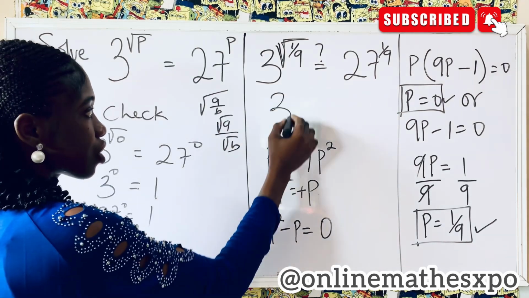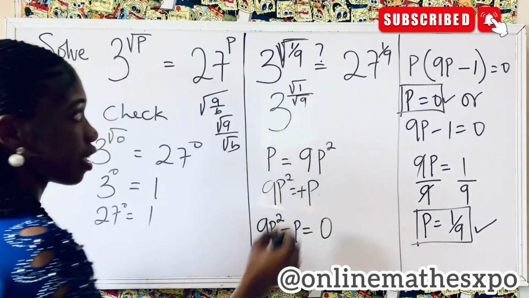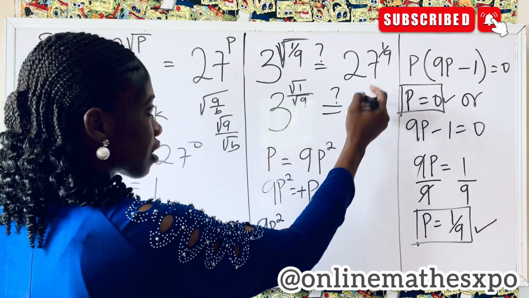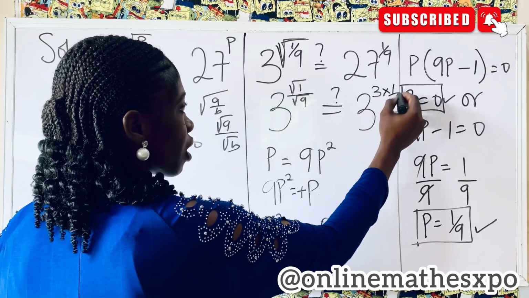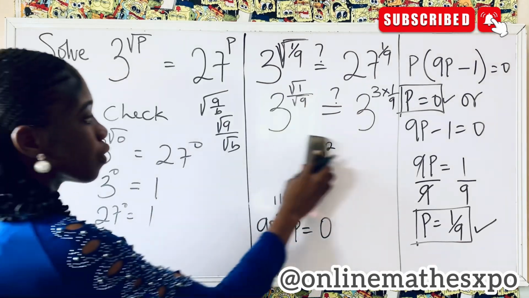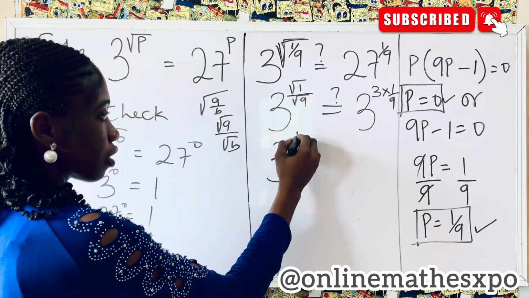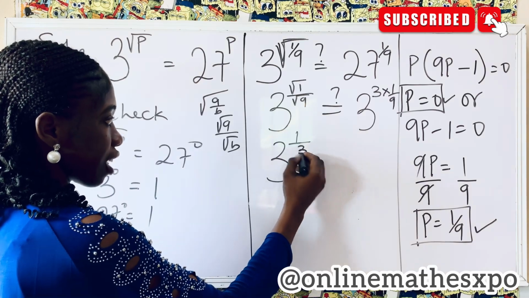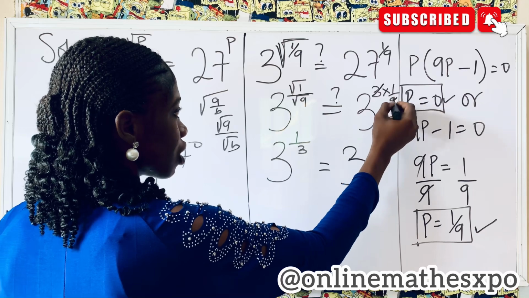Okay, so this is 3 to the power of square root of 1 over square root of 9. Is this also the same with this? This will give us 3 to the power of 3 multiplied by 1 over 9. Okay, so in that case, we are going to have square root of 1 is 1 and square root of 9 is 3. Then here we're going to have, this will cancel this to give you 3.